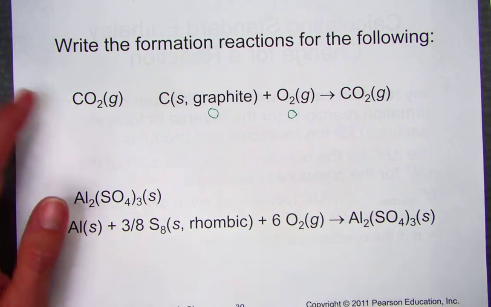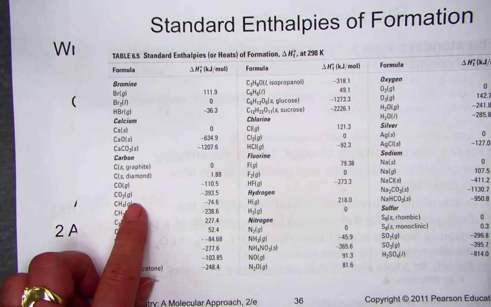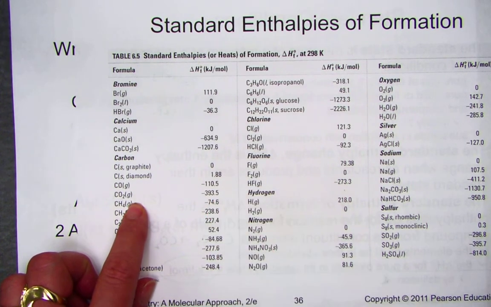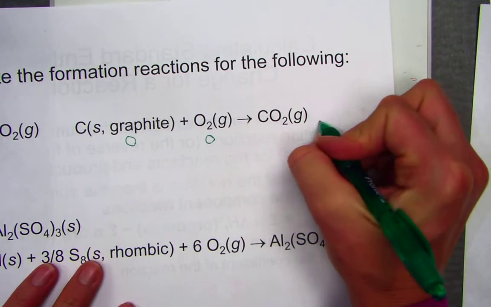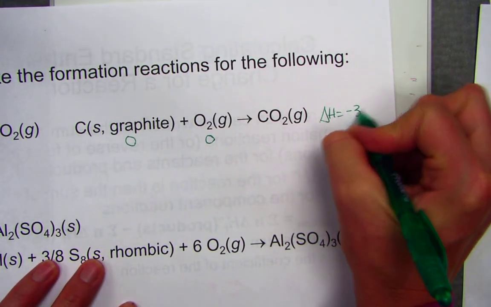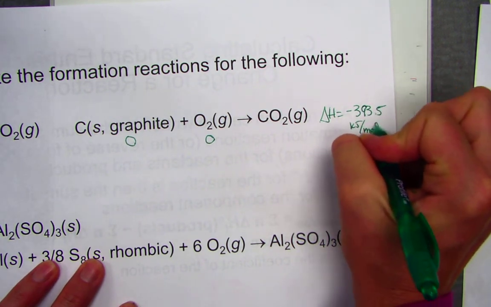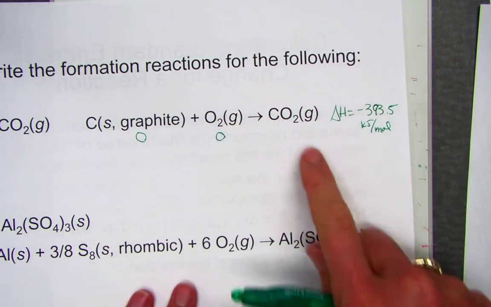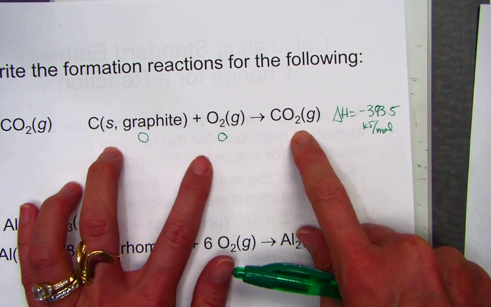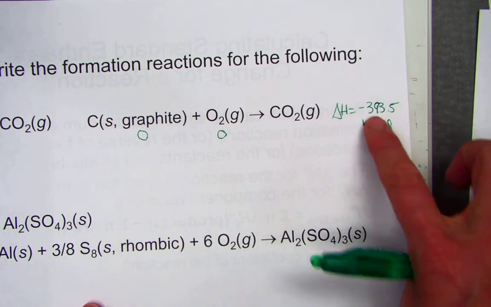And I can simply look up carbon dioxide in its gaseous form, negative 393.5 kilojoules of heat. Delta H would be negative 393.5 kilojoules per mole of CO2 formed. The carbon dioxide value is built from its natural state elements. This thermochemical equation is exothermic.